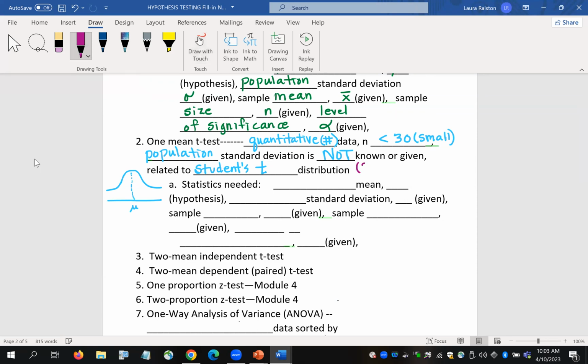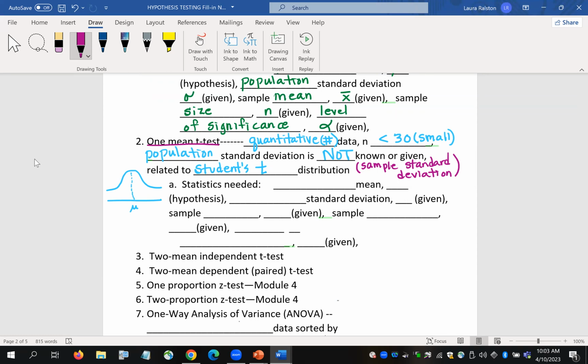What you do know is the sample standard deviation. And so again, that's our clue that we're going to use a t-test. For our purposes, if you do not know the population standard deviation, we will use a t-test.